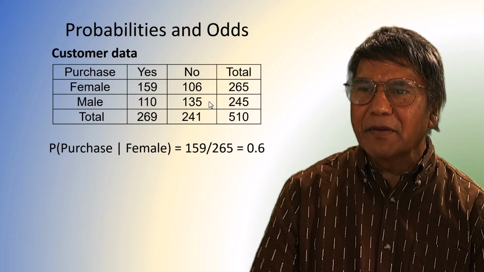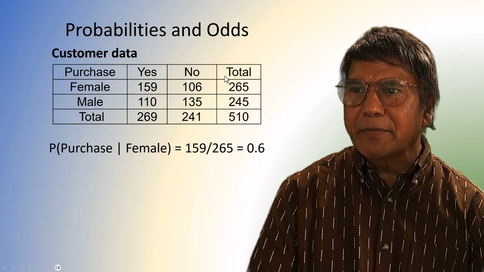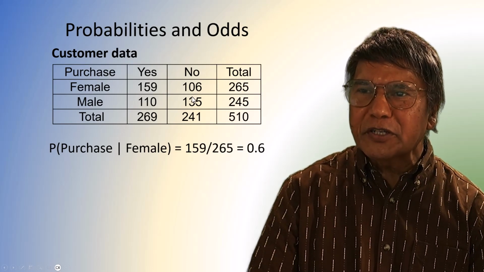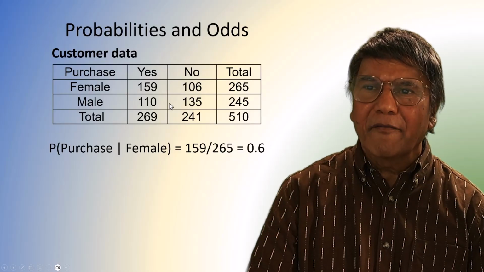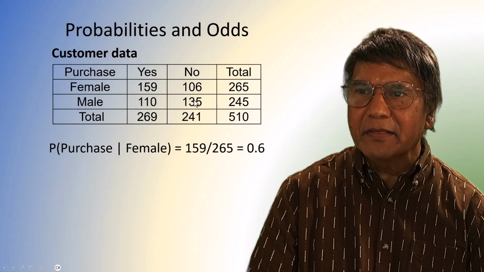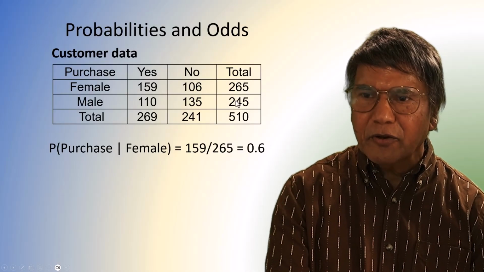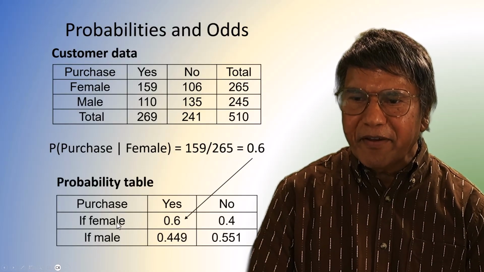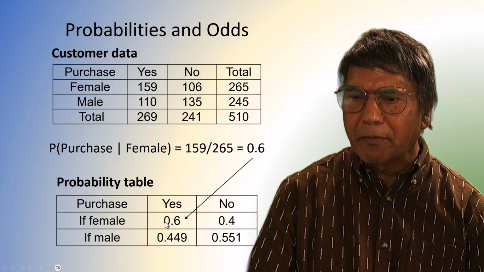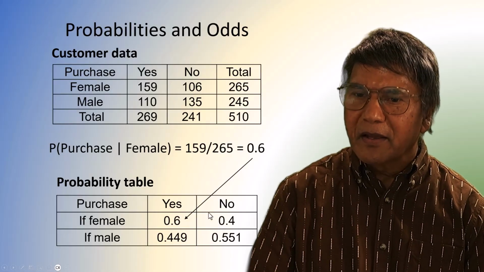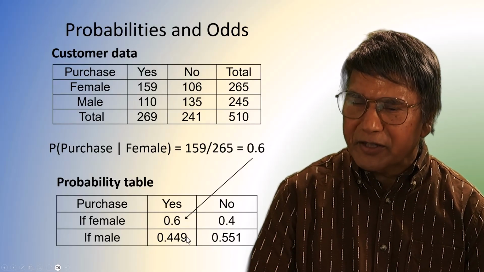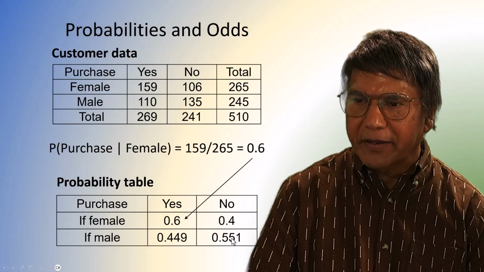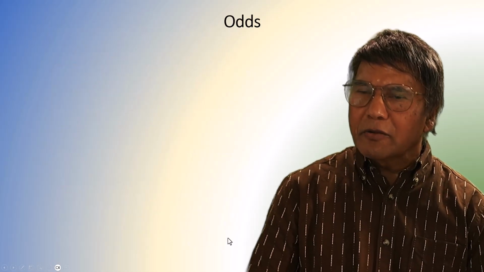That simply will be this divided by that. Not purchasing will be this divided by that. For male, this divided by that, and this divided by that for the other things. So here they are. If female, 60% chance she's going to buy, 40% chance will not buy. If male, smaller chances of buying, more chances of not buying. So those are the probabilities.